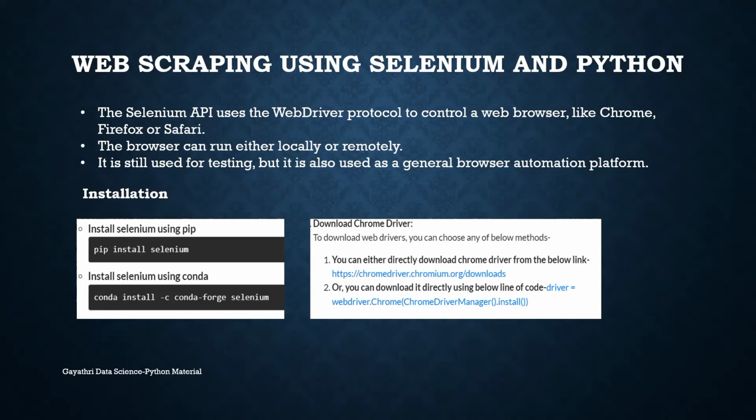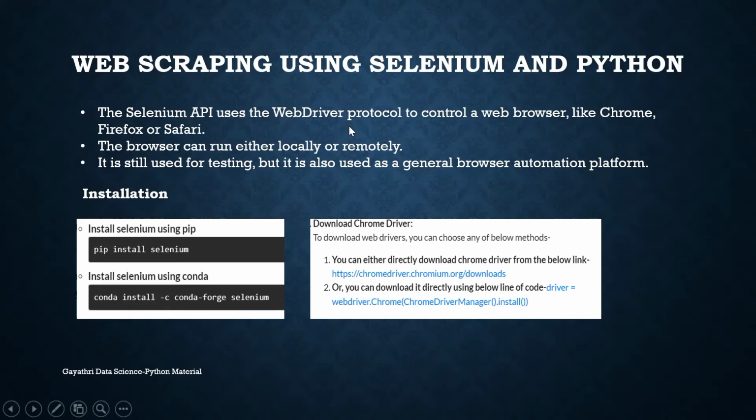The only drawback of using Selenium is that, I mean, it is helpful in scraping JavaScript pages, but it is very slow in process, and it is very time consuming also. So that is why people don't go for Selenium very often. But otherwise, it is a good library for scraping.